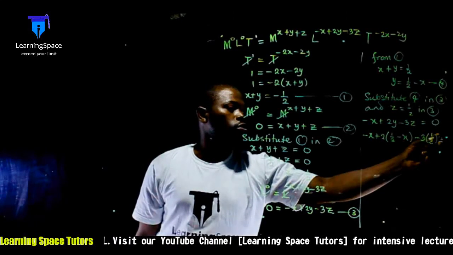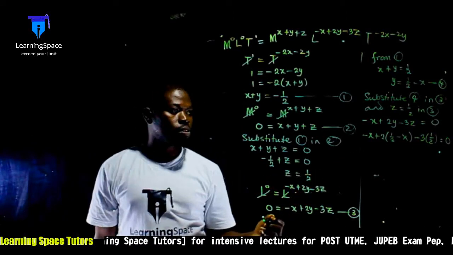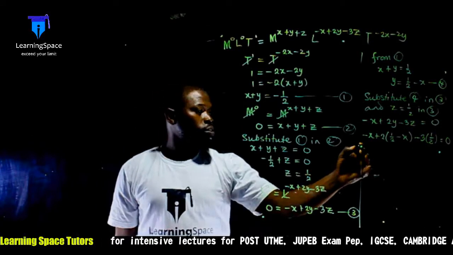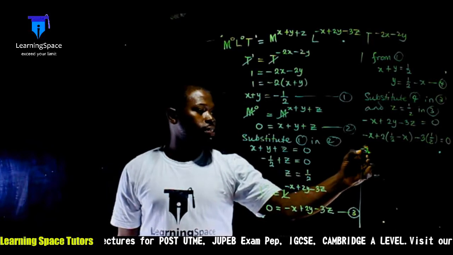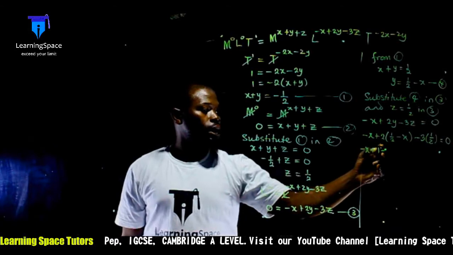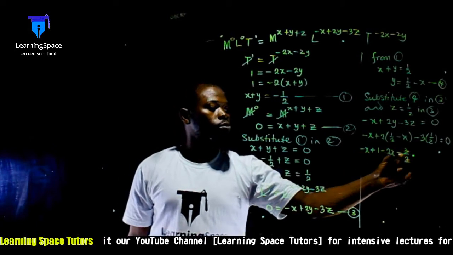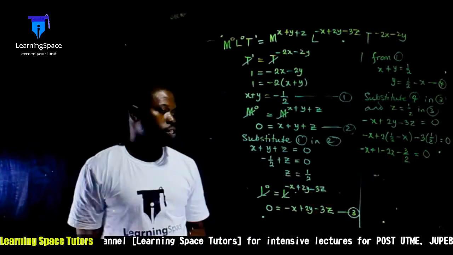Everything is equal to 0. If we open this bracket, we have minus x plus 1 minus 2x minus 3 all over 2 is equal to 0.